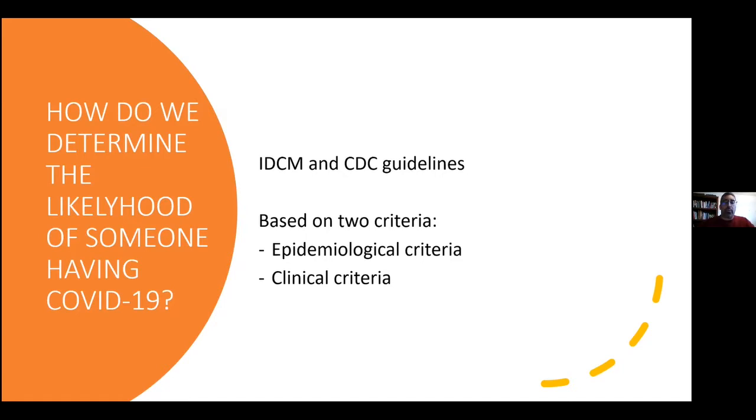Contact tracers speak with COVID-19 positive individuals, and based on the information they provide, they identify individuals meeting the following criteria. Starting at 48 hours prior to the COVID-19 positive individual's onset of symptoms, or the date of their positive test if they're asymptomatic, individuals who are less than 6 feet away for a cumulative time of at least 15 minutes in a 24-hour period.